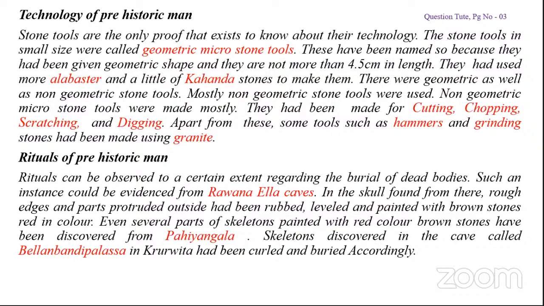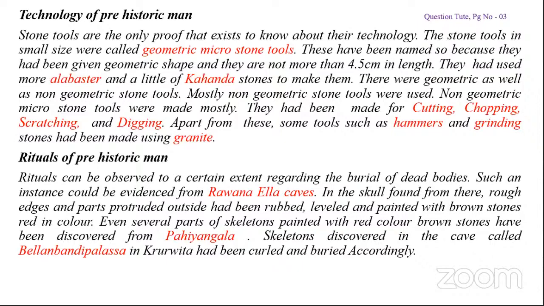Earlier, I have given Bellanbandipalassa as Pahiyangala and Kitulgala Beli-lena. In the skull found from there, rough edges and parts protruded outside had been rubbed, leveled, and painted with brown stones red in color. Even several parts of skeletons painted with red color brown stones have been discovered from Pahiyangala.